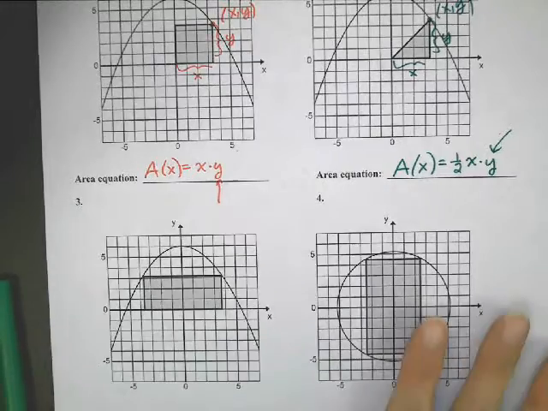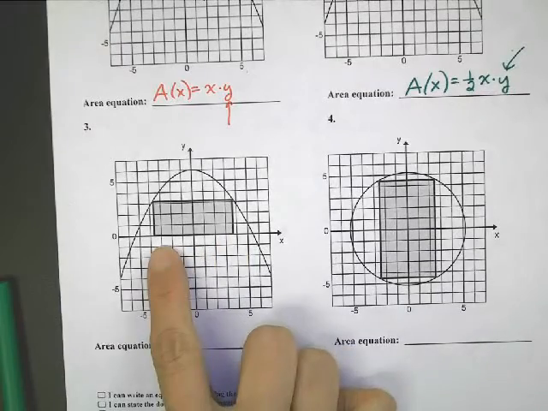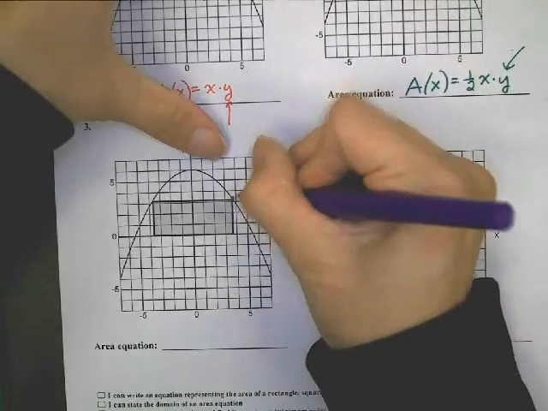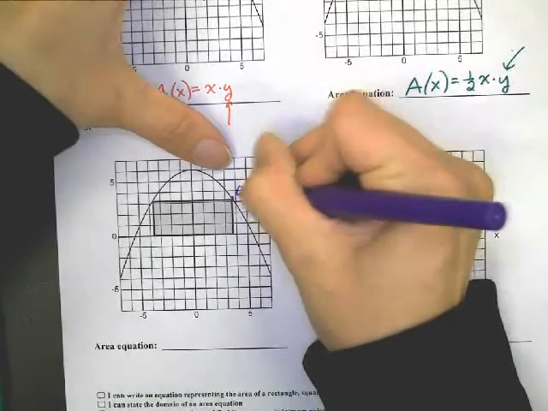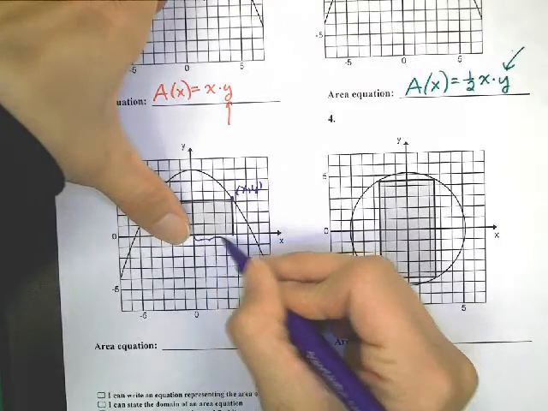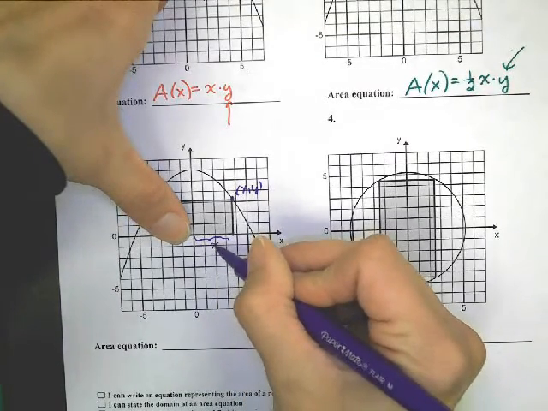All right, number 3, here's a rectangle drawn in quadrants 1 and 2. So this is where it could get a little interesting. Here's a point x comma y. And so here's the point x comma 0. So x is the distance from the origin all the way to there. So that's x.